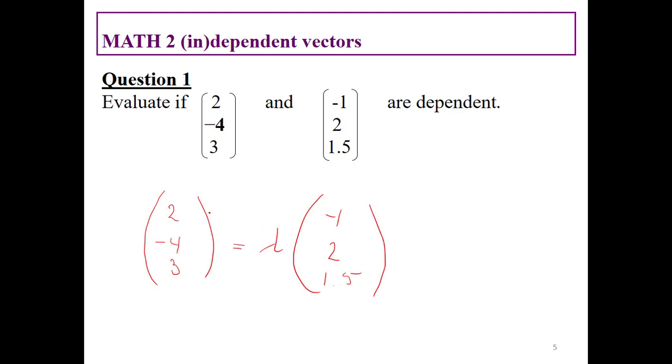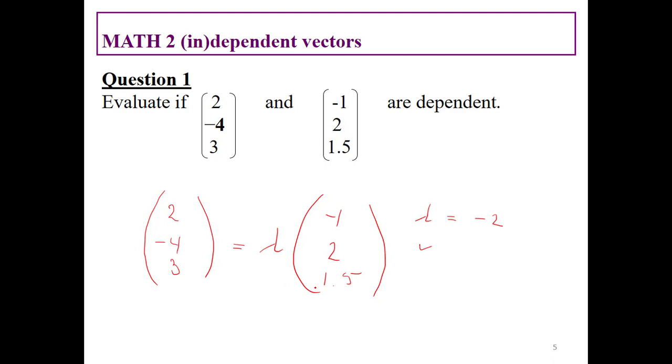Okay, if we look at the first one, to have 2 become equal to lambda times -1, we would have to choose lambda being -2. So 2 would be -2 times -1. -4 would then also be -2 times 2, which is -4. So this would check.